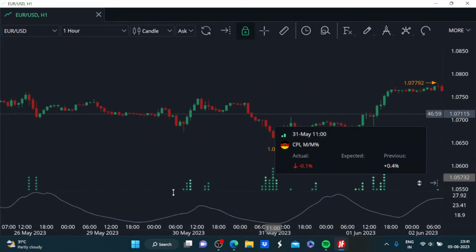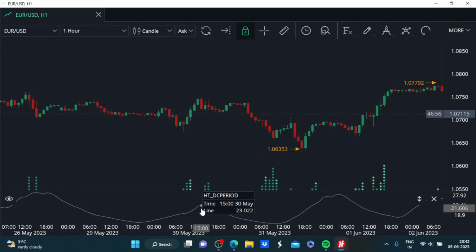So you can use it just the way you use ADR if you are aware of that indicator, or you can also start using this as a new indicator.